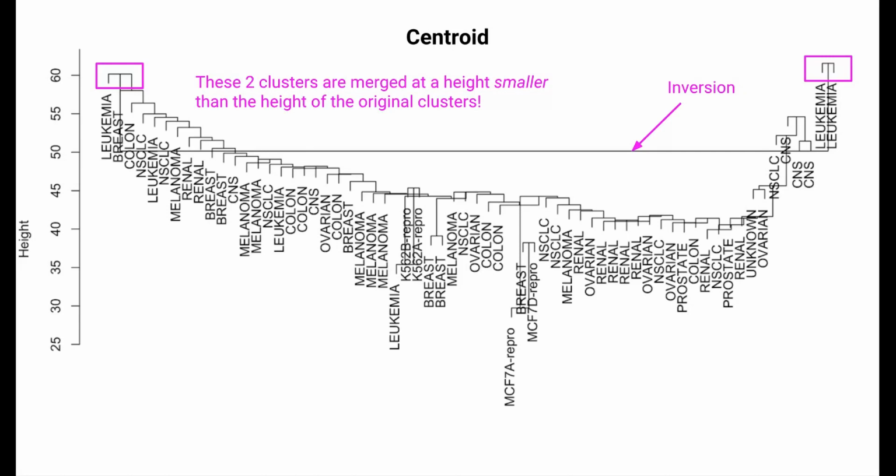This means that the centroids of the left and right clusters are closer together than the centroids of the subclusters that individually made up the left cluster and the subclusters that individually made up the right cluster. This isn't necessarily a bad thing, but it does make the dendrogram look weird, which generally people don't like. And these inversions don't occur with the other 3 types of linkage.